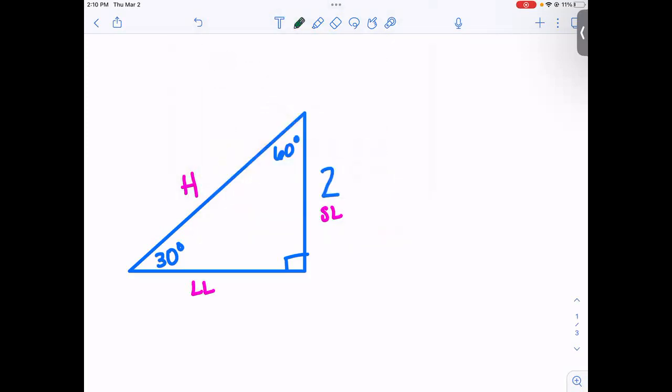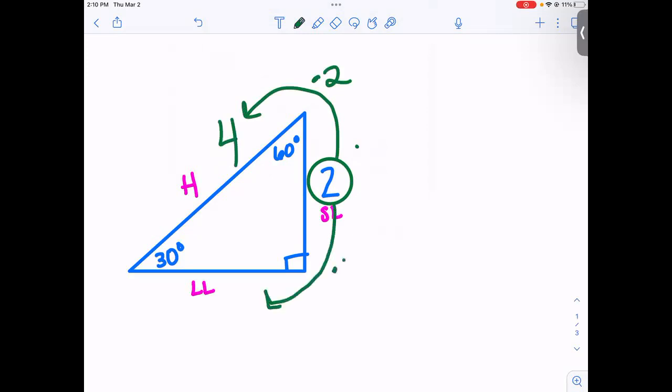So if we have the short leg, then we can multiply by 2 to get to the hypotenuse, and we can multiply by radical 3 to get to the long leg. Good job.